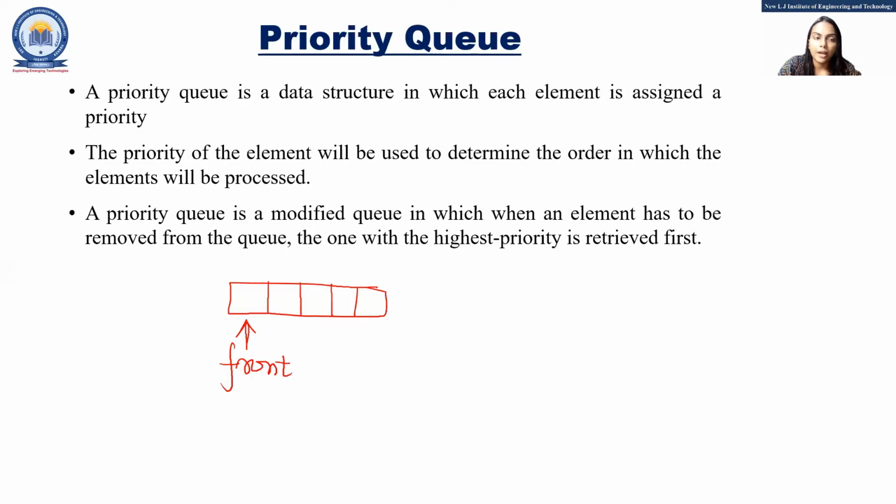Now, in priority queue, again, it is one kind of data structure related to queue, but it is somewhat different in the sense that in priority queue, each element is assigned a priority. So based on that priority, it will be decided when that particular element is removed from the queue in order to make further processing.